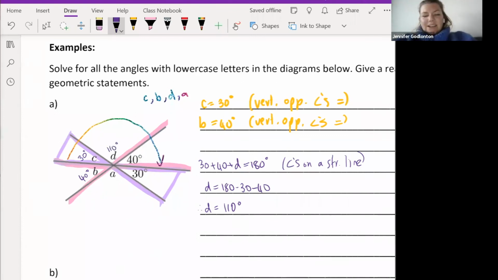So if you know D is 110, then what's my final answer? Ma'am, for A. Oh, it's also 110 because, yeah. Why? What's my reason? Because of angles on a straight line. No. Oh, well, you could do it that way. Before I yell my no at you, you could do it that way.